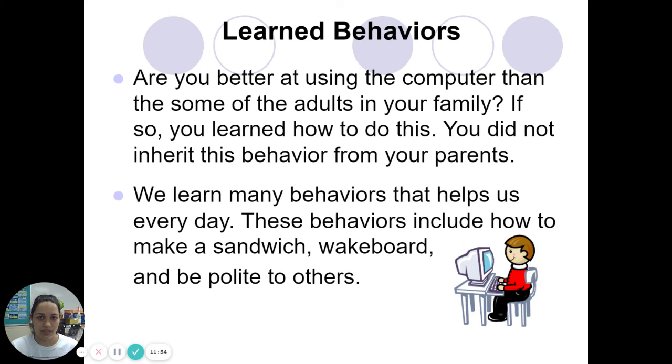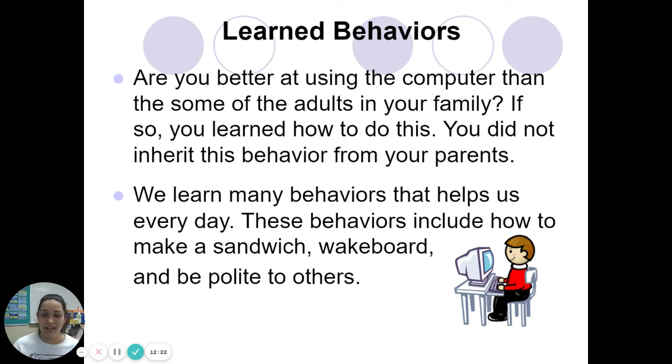Okay. Now, moving on to learned behaviors. So we talked about inherited traits and instincts, which are inherited behaviors. We're going to talk about learned behaviors. Okay. So are you better at using the computer than some of the adults in your family? If so, you learned how to do this. You didn't inherit that behavior from your parents. You didn't inherit just knowing how to type. You had to learn, right? We learn many behaviors every single day.